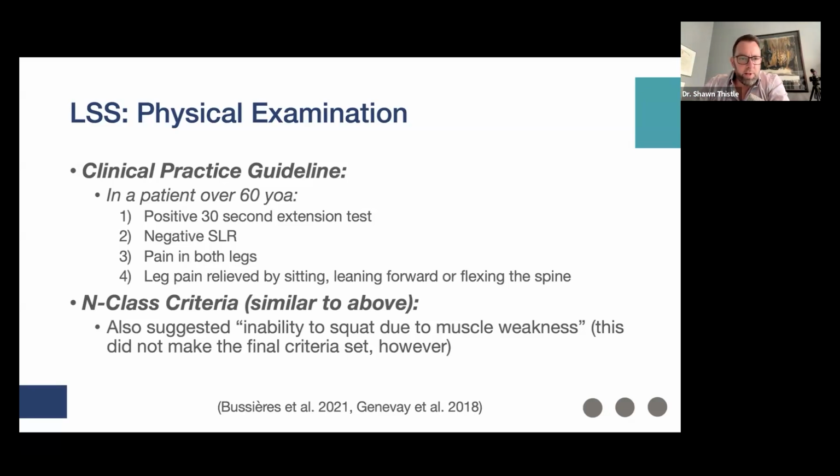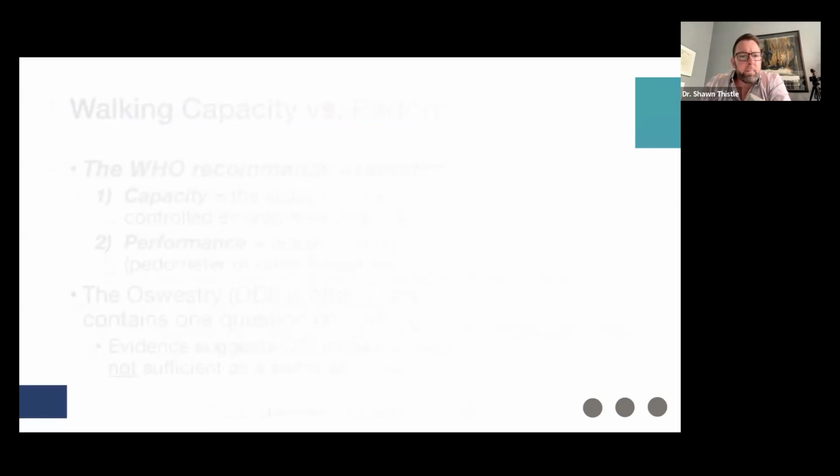And it's also a good functional test for elderly people. So if you have severe or progressive spinal stenosis, you may not be able to do a squat at all. So part of that clinically for you can boil down to watching them get in and out of a chair next to your treatment table or on and off your treatment table or in the waiting room or in and out of their car if you see them doing that on the way in, and just observing how they move.